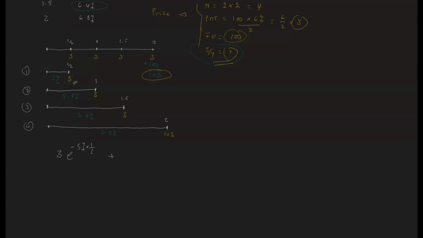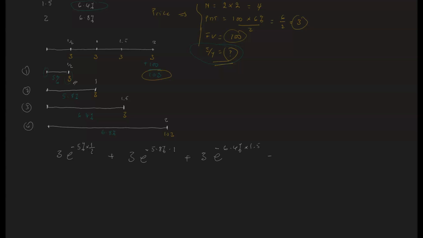The second cash flow is going to be $3 times the exponential of minus 5.8% multiplied by t, which is 1, plus the third cash flow, which is $3, multiplied by the exponential of minus 6.4% multiplied by t, which is 1.5.